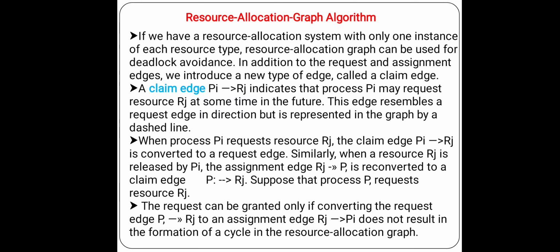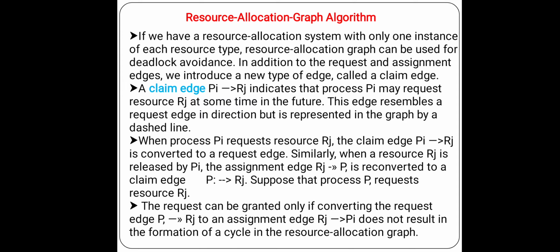To avoid the deadlock, we need prior information about the processes and the resources. Then we can avoid the deadlock. A claim edge Pi to Rj, which you observe is a dotted line, indicates that the process Pi may request resource Rj at some time in the future.